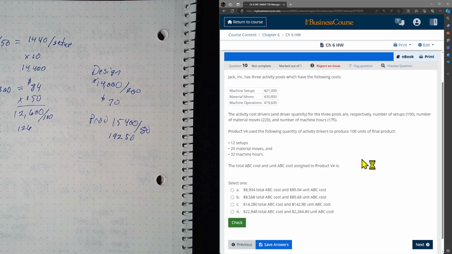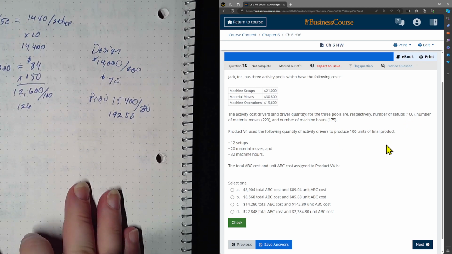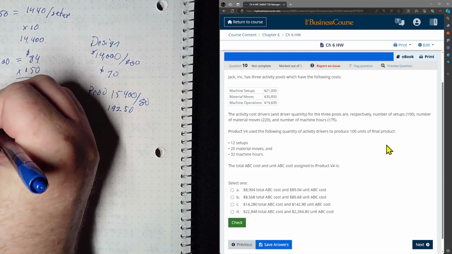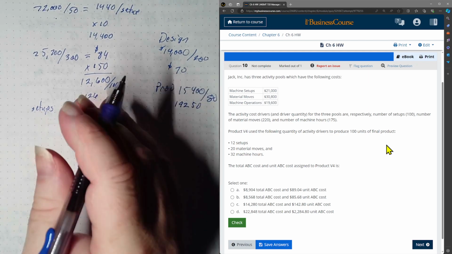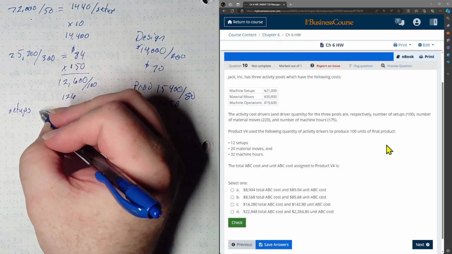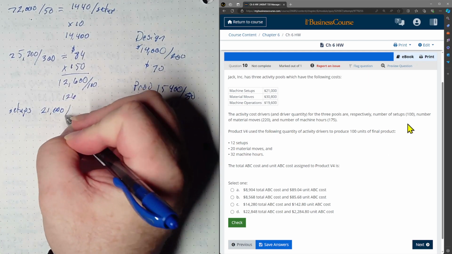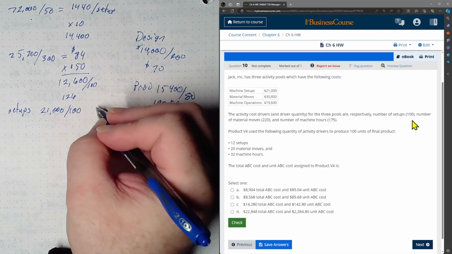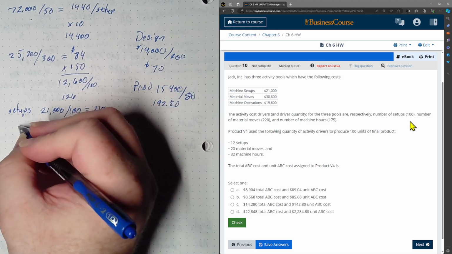It has 3 activity pools which have the following costs. The activity drivers are 100 setups, 220 moves, and 175 machine hours. Product V4 used the following quantity of the activity drivers to produce 100 units. Okay, so we've got 3 pools. We've got setups, which is going to be 21,000 divided by 100 setups. So that's $210.